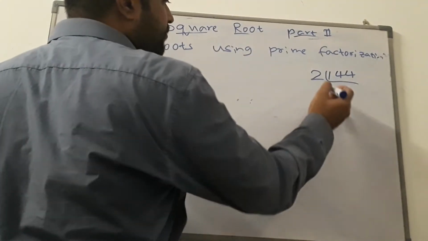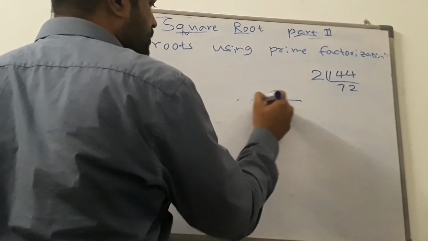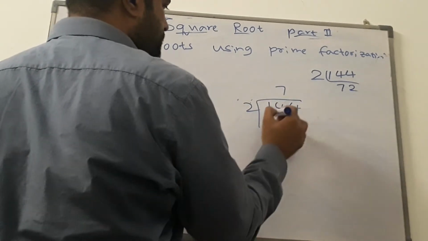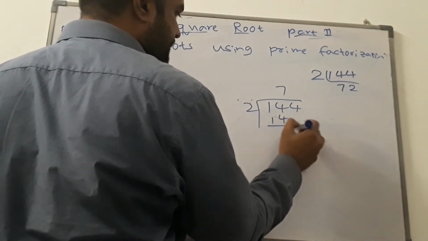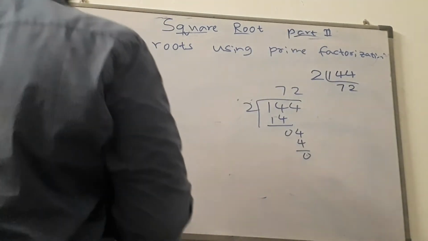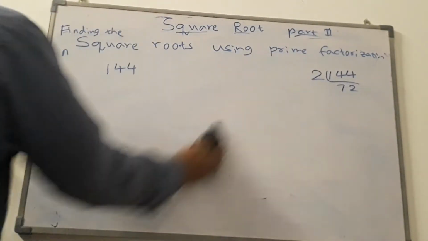So 144 divided by 2 means 72. If you do the long division, I think I teach you short division as well. So we will think of how to find the values with short division.